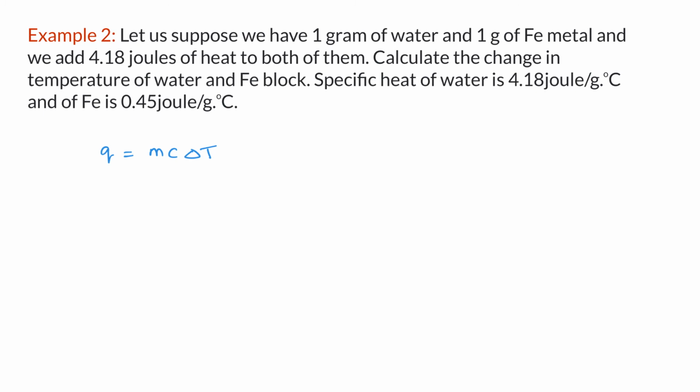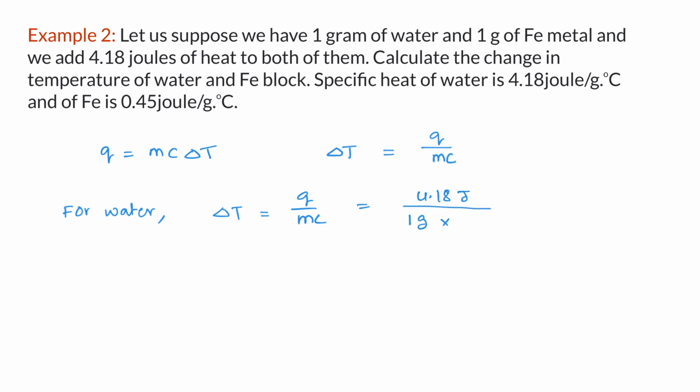From the formula, we can write change in temperature delta T is equal to Q over mc. Let us now calculate delta T first for water and then for iron block. For water, delta T is equal to Q, which is 4.18 joules, divided by mass of water, which is 1 gram, divided by specific heat of water, which is 4.18 joule per gram per degree Celsius.